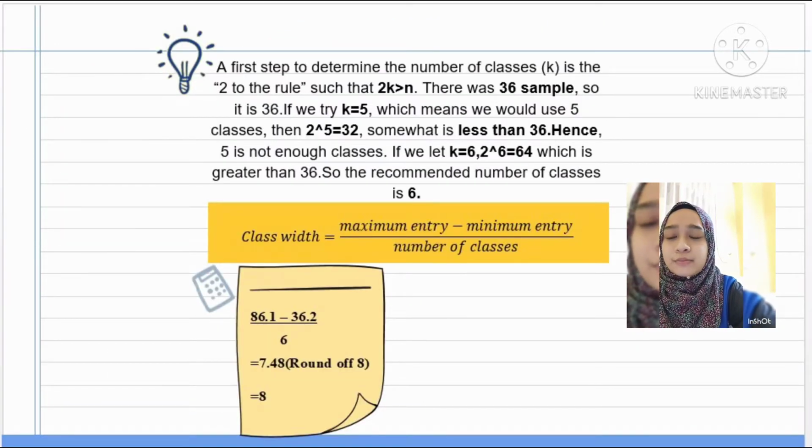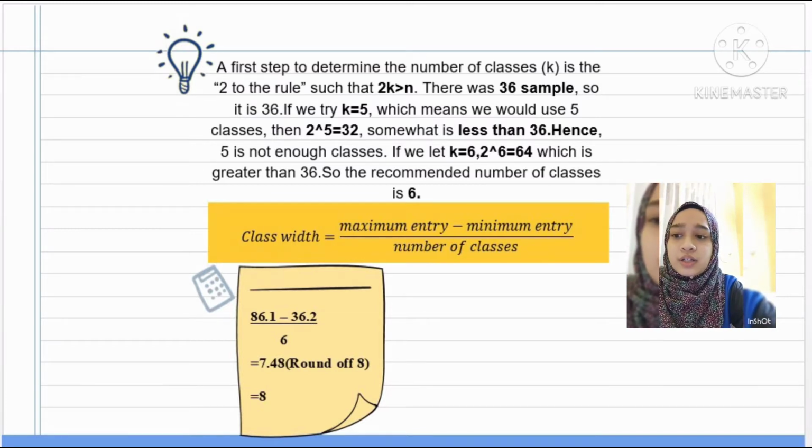A first step to determine the number of classes K is the 2 to the K rule, such that 2^K is at least n. There were 36 samples, so n is 36.